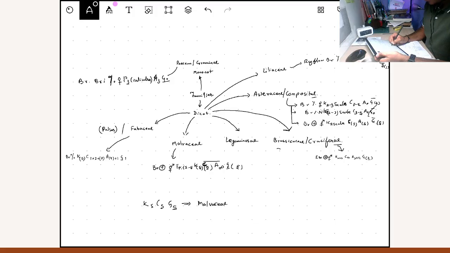Malvaceae loves number 5. Let's talk about Fabaceae. We already know that it is zygomorphic and has a superior ovary.